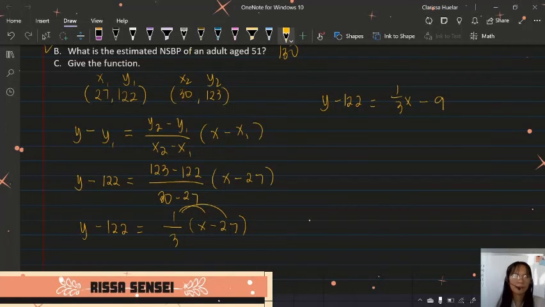Now we have 1/3 x minus 9. What will we do with negative 122? We will add it to both sides by the addition property of equality. So y is equal to 1/3 x plus 122 minus 9.